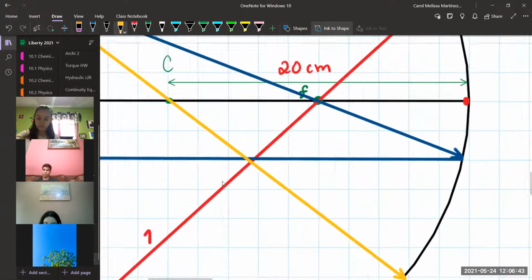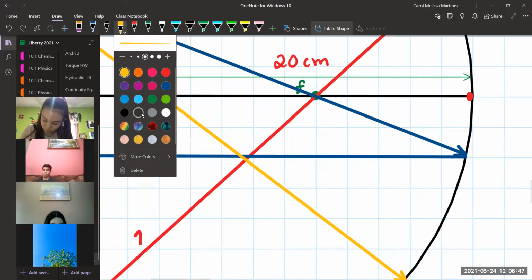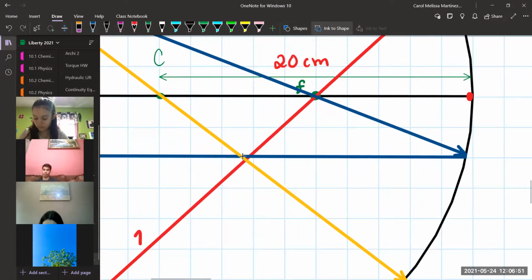There is a point where the 3 lines intersect. And that point is right here. Okay? This point right here. So that point over there is what we know as the point Q. Okay?